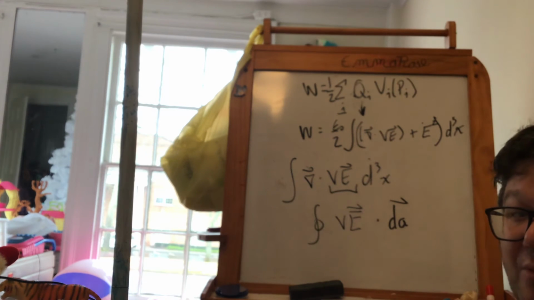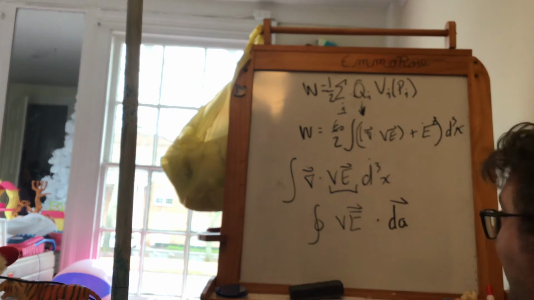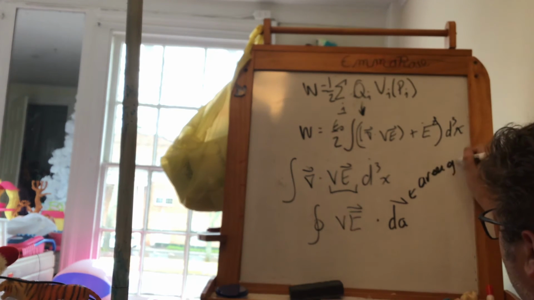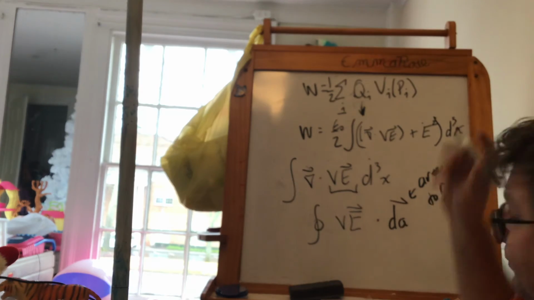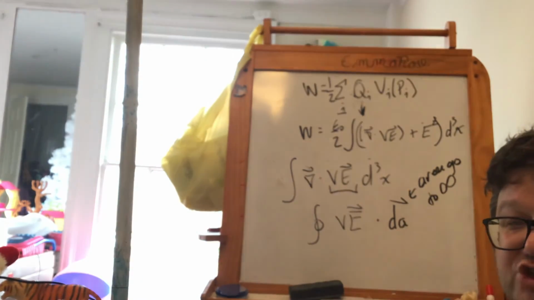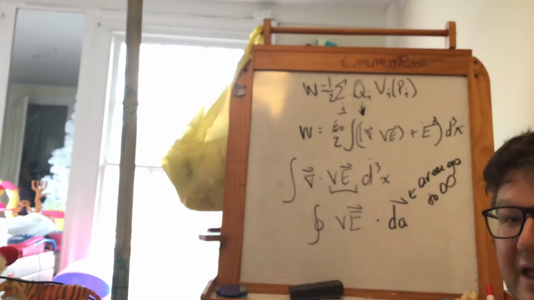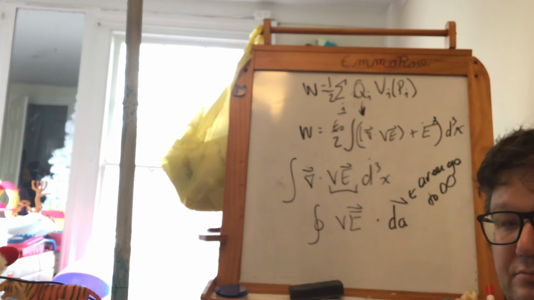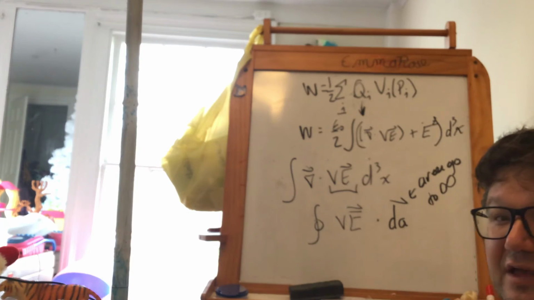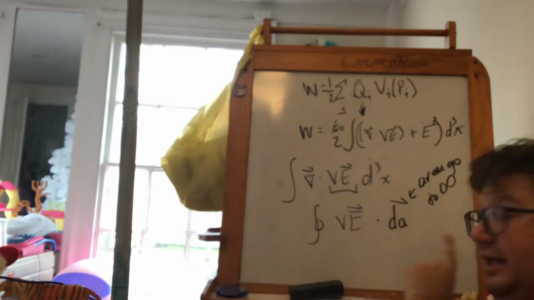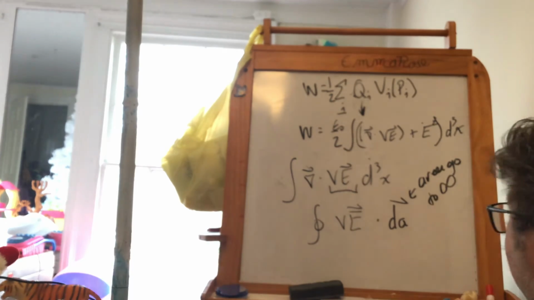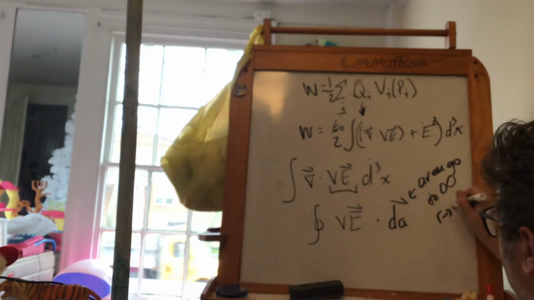Now we do something really wacky. We let our area go to infinity. We choose an area that's so big that it encompasses the entire universe. Let's think how these three quantities go when the radius goes to infinity.